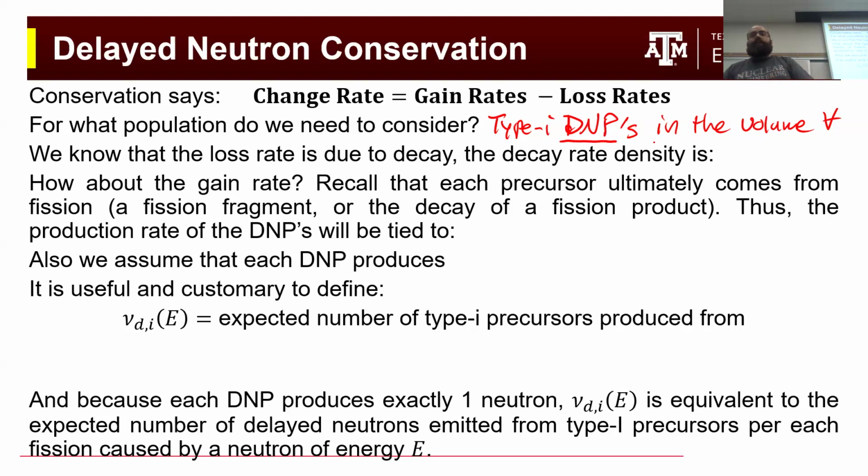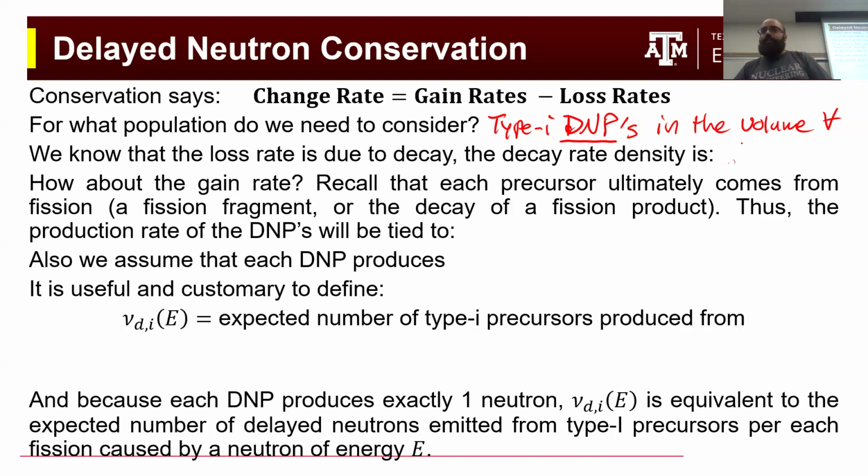And then we need to ask ourselves, how are these things born and how are these things lost? We know that the loss rate is because they are decaying. And so the decay rate density, the number of decays per unit volume per unit time, is just going to be the product of the decay constant and the concentration.